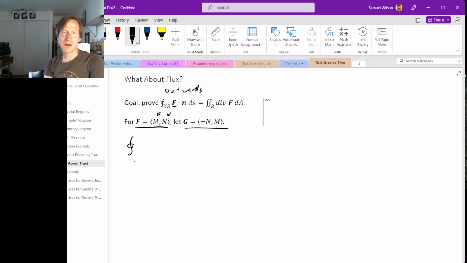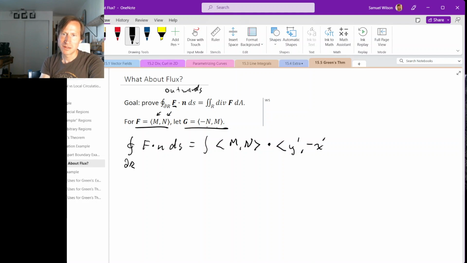So let's do the integral of F dot n ds. Remember, I need to write out what F is. F is M comma N dot y prime comma minus x prime dt.